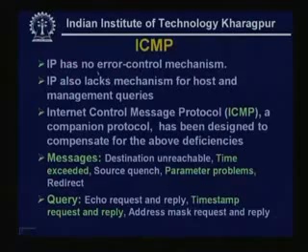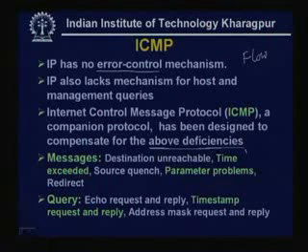Since IP has no error control mechanism and no flow control mechanism, ICMP has been used. ICMP stands for Internet Control Message Protocol, which has been designed to compensate for these deficiencies. Since IP is unreliable, the source should know what has happened to a particular packet, and that is provided with the help of ICMP.